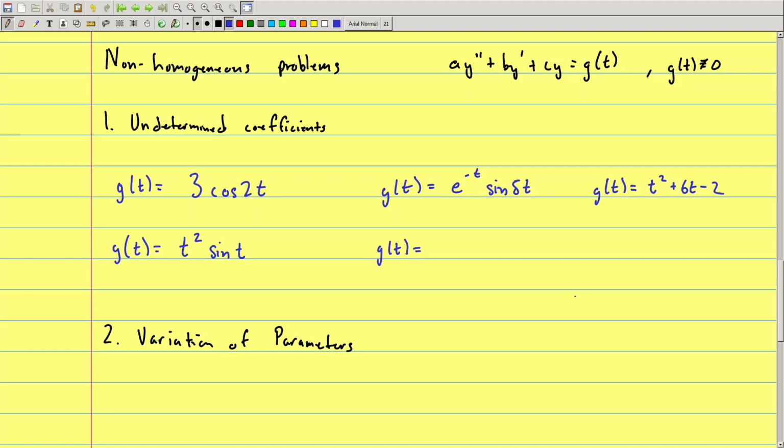Okay. Or a linear combination of these sorts of things.